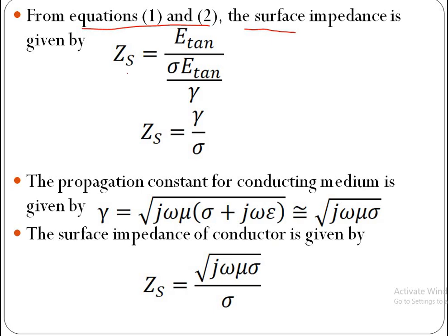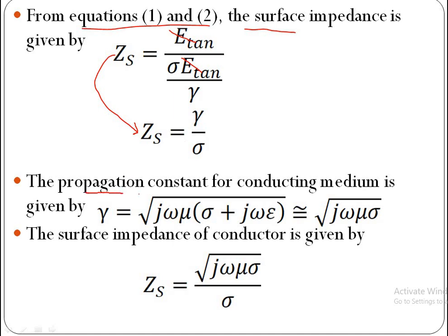Z suffix S is equal to E tangential component divided by sigma into E tangential component divided by gamma. Now this one and this one cancel each other, then Zs is equal to gamma by sigma. Sigma is conductivity, gamma is propagation constant.